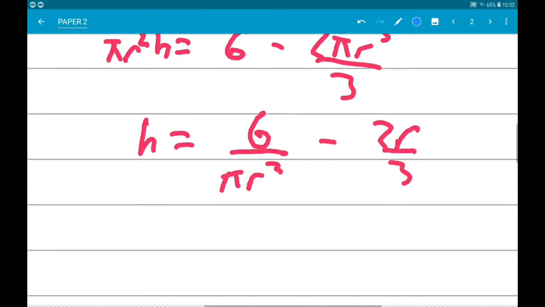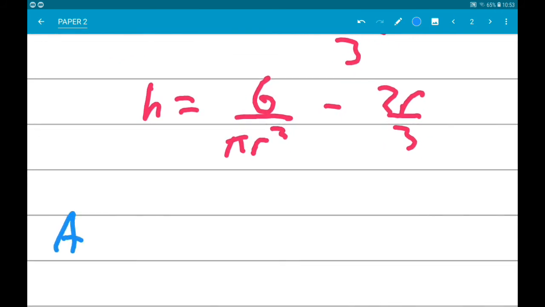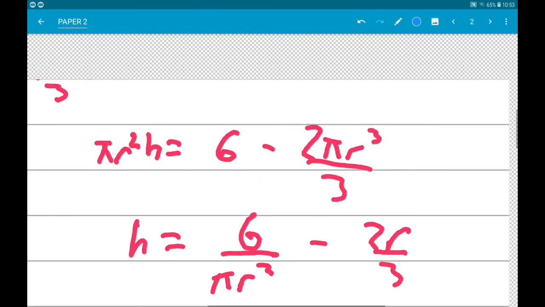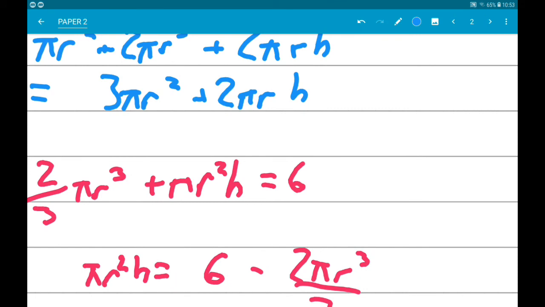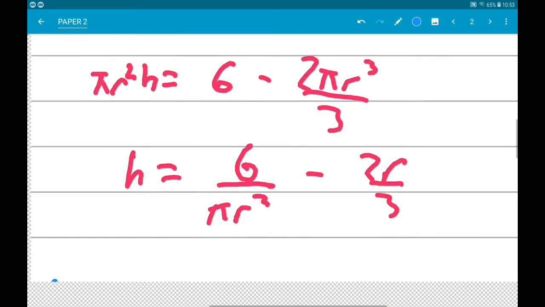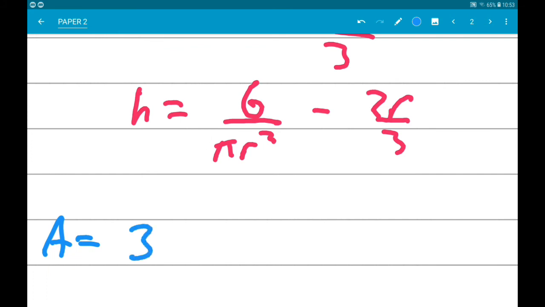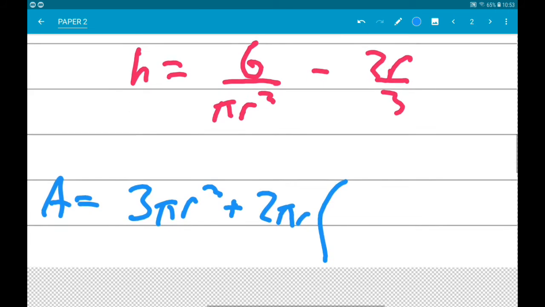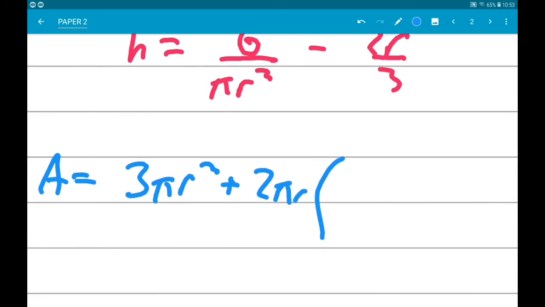So A is 3 pi r squared add 2 pi r times 6 over pi r squared minus 2r over 3.